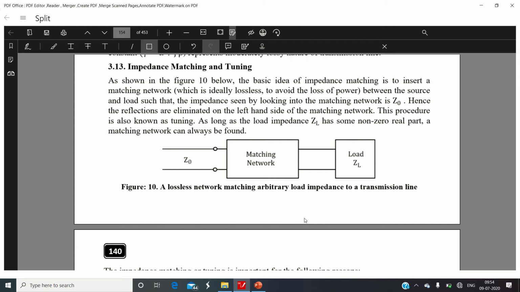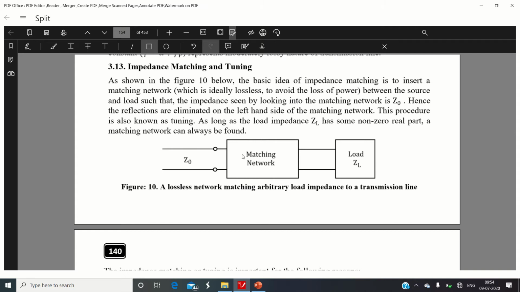So let us go ahead with other different methods of impedance matching. Please remember, we already discussed the quarter wave transformer technique. There are certain more methods available for providing impedance matching.